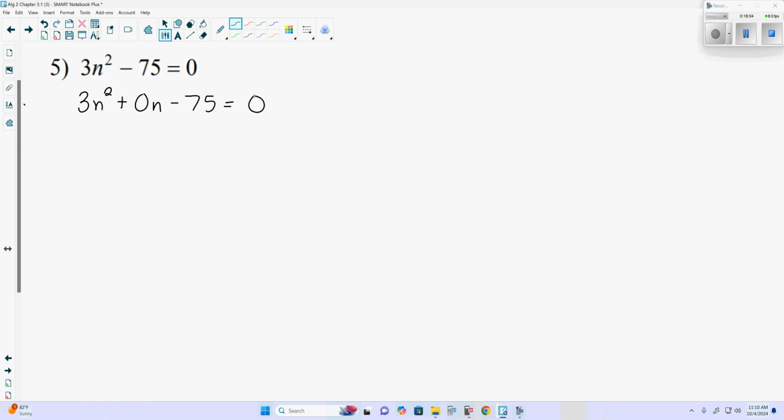Now we can still factor even without that there. Because if we look at this here, 3n squared minus 75, is there a greatest common factor between 3 and 75? Is there a number that goes into both?